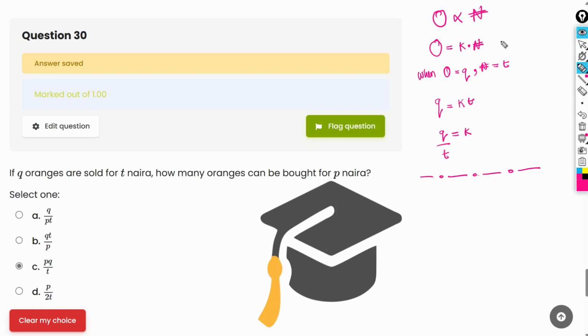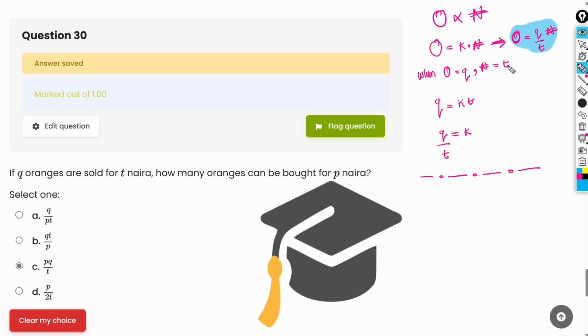All right, and that means that I can rewrite this relationship as the number of oranges O is equal to Q over T times the amount you spend in Naira. All right, so this is actually the standard relationship that we have gotten. I think I should write out what those variables mean, right?